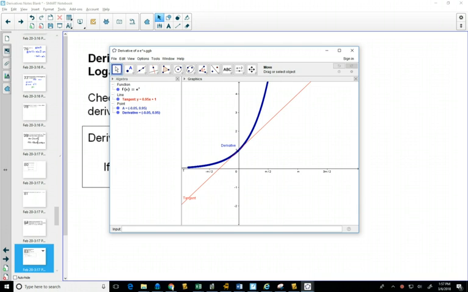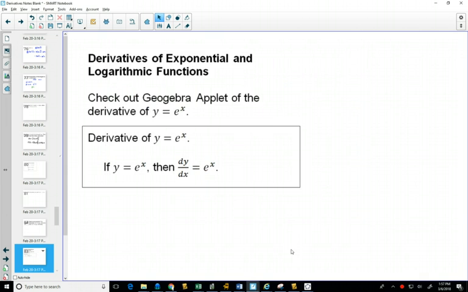Which is a crazy thing. Because wherever you draw the tangent, the slope is the same as the value of e. And so we've got a new rule to remember. It's easy, but because it's easy, it's going to mess with you.